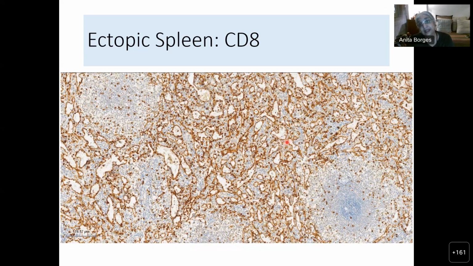And that is, therefore, when you have vascular tumors arising within the spleen, expressing these markers, you should investigate CD8, because there is a very specific kind of vascular tumor that occurs in the spleen that expresses CD8.